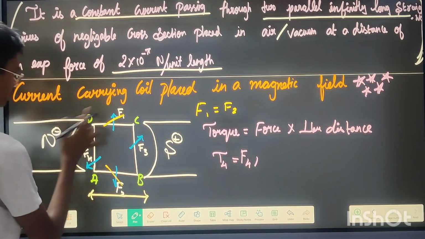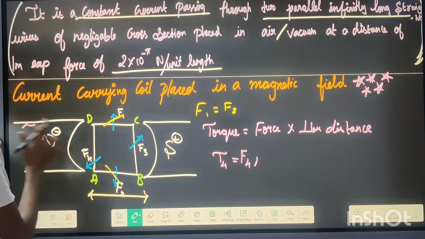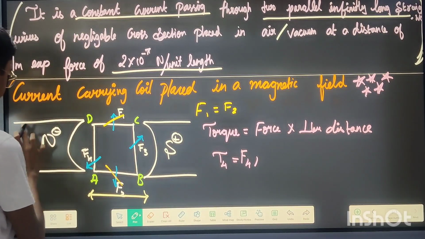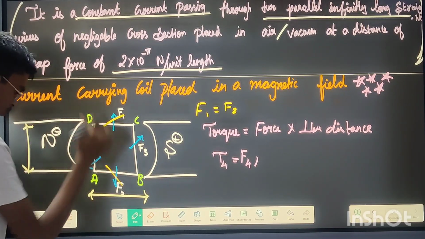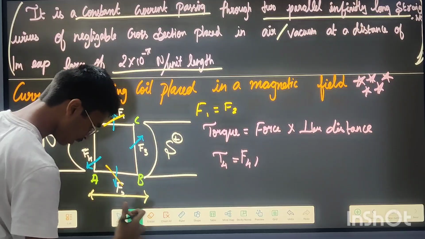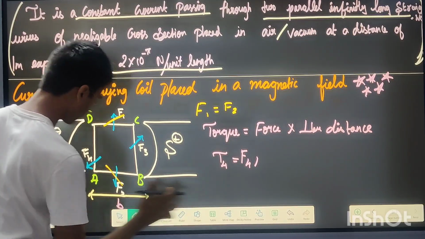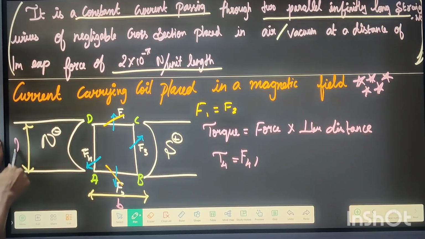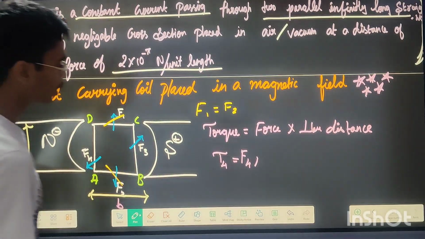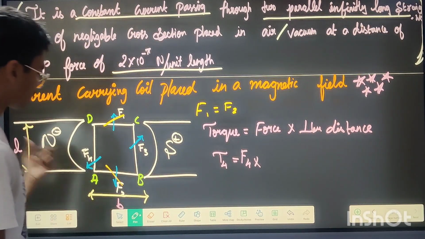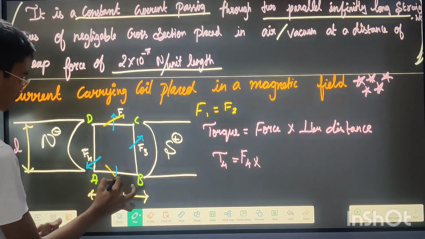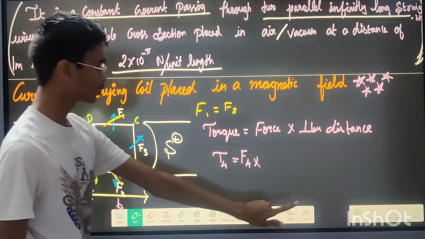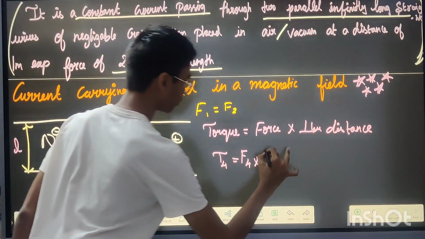Let this be B in length and let this be L in length. Since this is the perpendicular distance, you have to write here B.